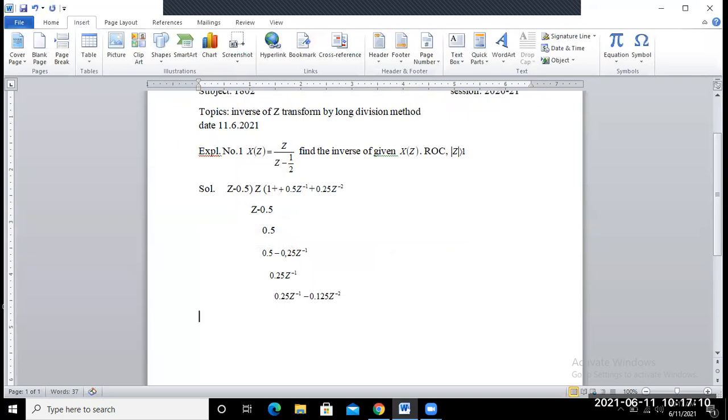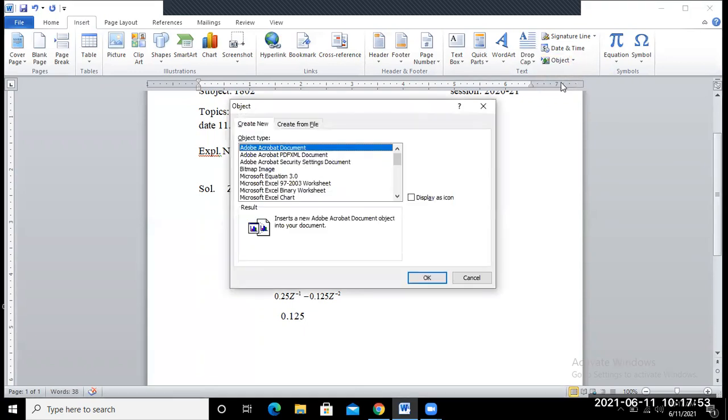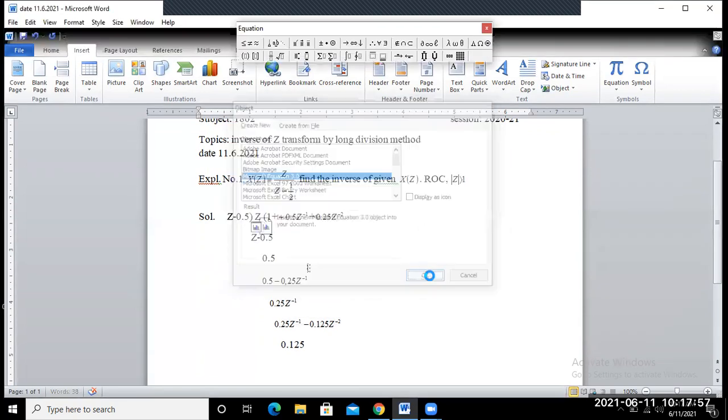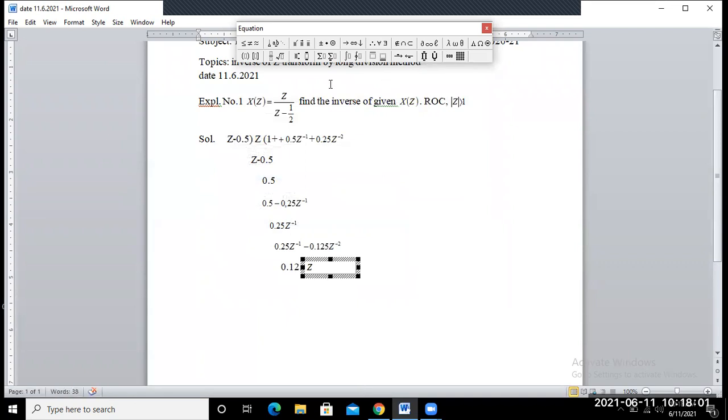So what remains? Minus, this will become minus, this will become plus, that means here the first term 0.25 Z inverse and 0.25 Z inverse cancel each other, and what remains is your plus 0.125 Z to the power minus 2.